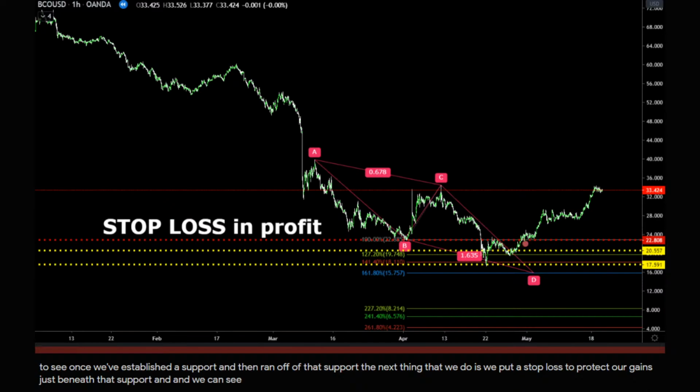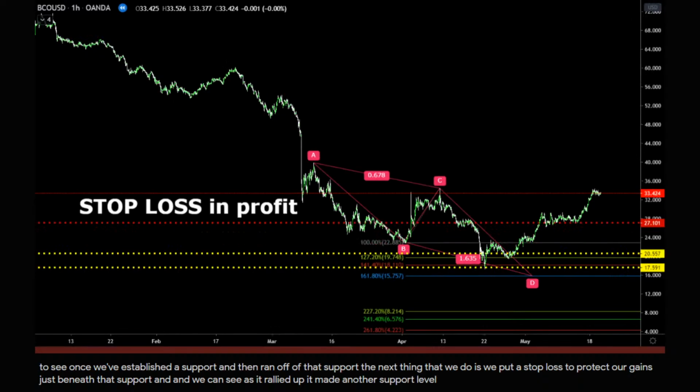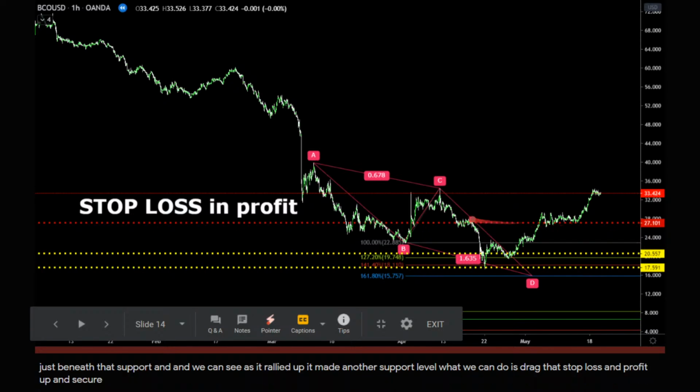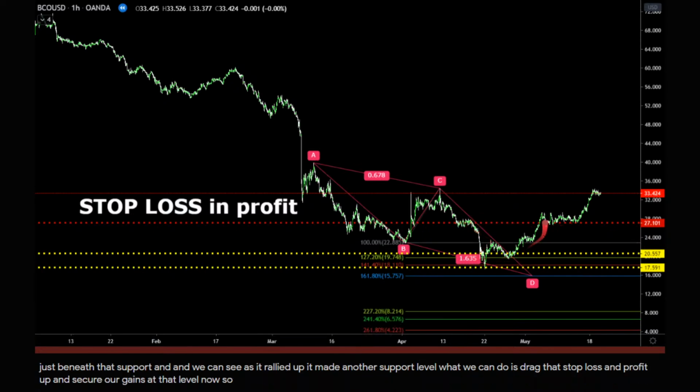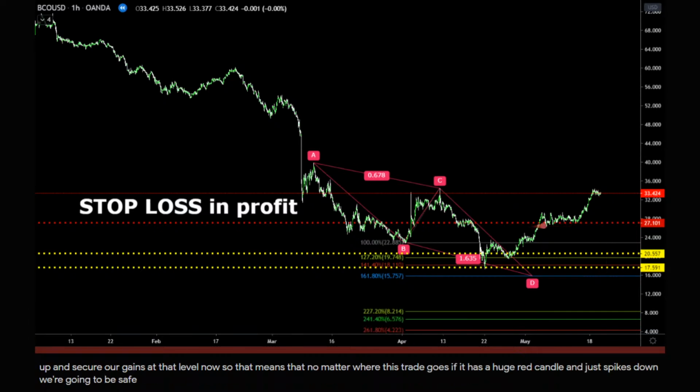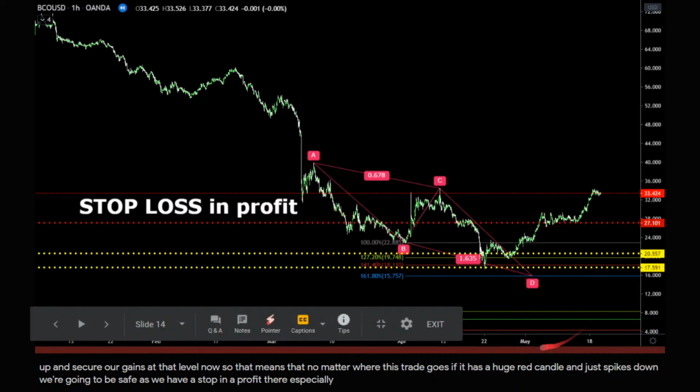And we can see, as it rallied up, it made another support level. What we can do is drag that stop loss in profit up and secure our gains at that level now. So that means that no matter where this trade goes, if it has a huge red candle and just spikes down, we're going to be safe as we have a stop in profit there, especially if you're trading futures.